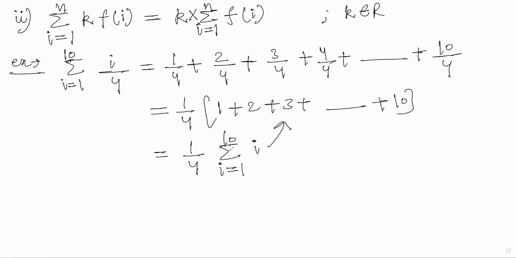So you can take your constant out of the sigma if it is being multiplied or divided with some variable. The second property is this. So if this is 4i square upon 5 and this is the sum with i from 1 to n, while solving I can write this as 4 by 5 outside, sigma i from 1 to n, i square.